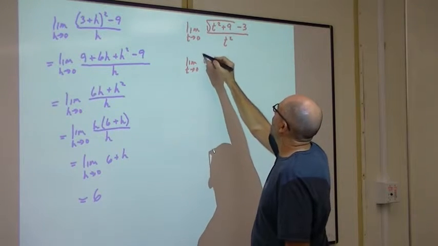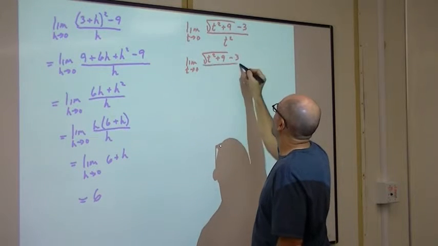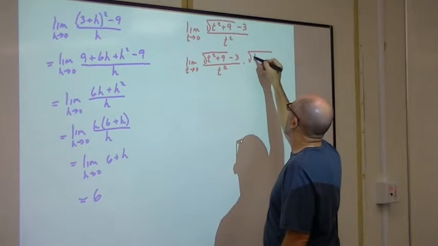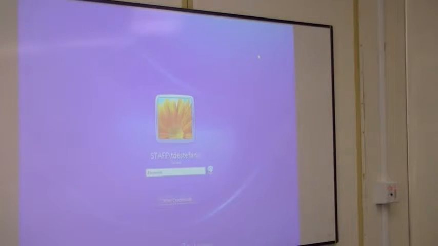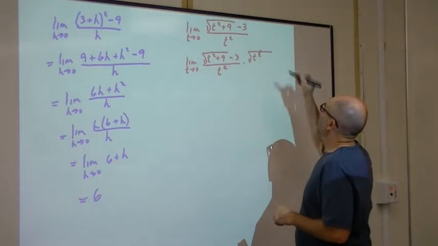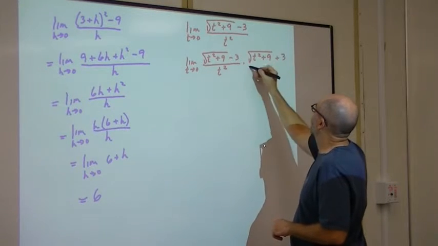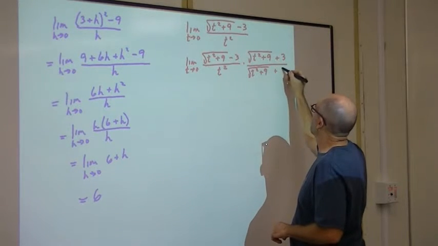Okay, back to the ranch. So the square root of t squared plus 9 plus 3, over the square root of t squared plus 9 plus 3.